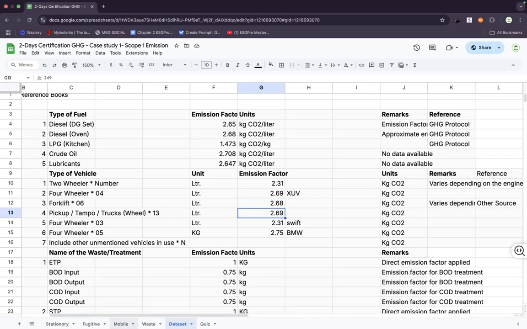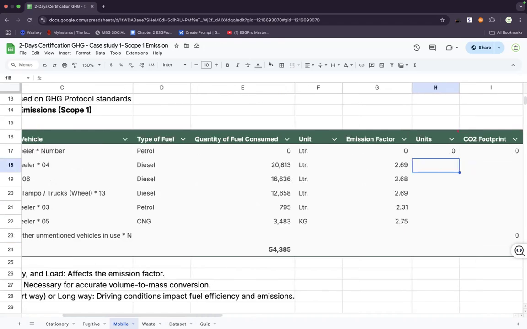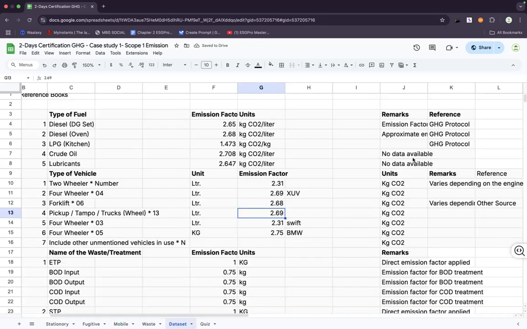So let's go to mobile combustion. 2.68 and 2.69. Clear? The process after this is the easiest, you have to write the unit of it, which is this.